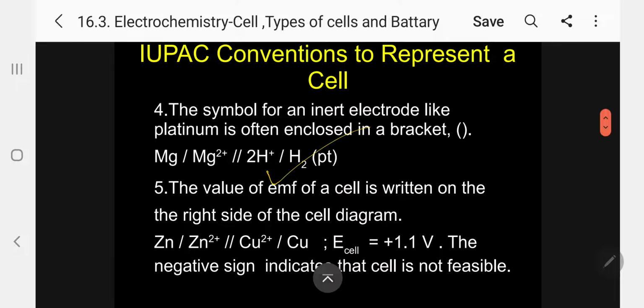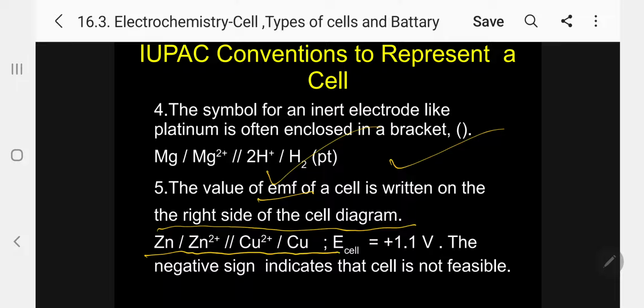The value of EMF, electromotive force, of a cell is written on the right side of the cell diagram. So whenever you are writing the cell representation, put a comma here, then E cell you can write.